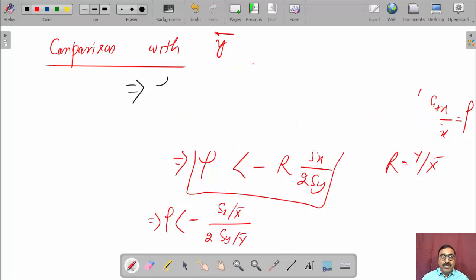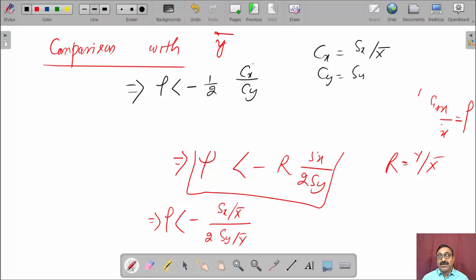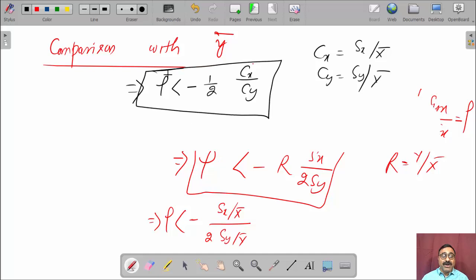So that implies rho is less than minus 1 by 2 cx by cy, where cx equals sx by x bar and cy equals sy by y bar. So under this condition we use the product estimator. If cx equals cy, that means the coefficients of variation of x and y are the same, then we prefer the product estimator if rho is less than minus half.